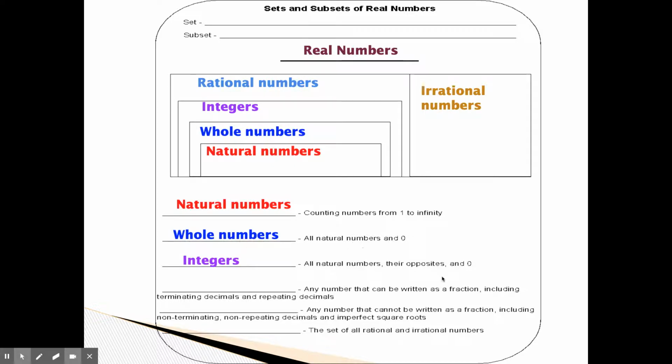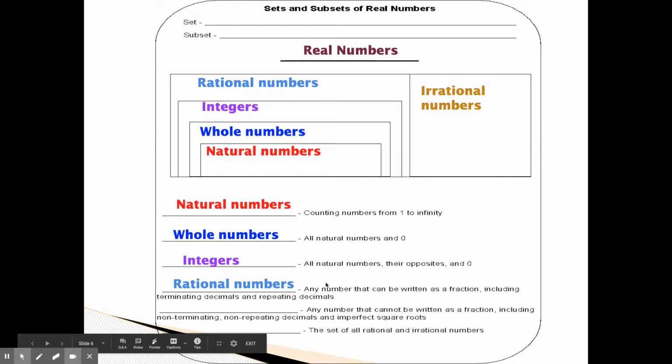So now let's talk about fractions and decimals. Any number that can be written as a fraction, including terminating decimals. That's important: terminating means it ends, it stops. And repeating decimals. So if it's a pattern, like 1, 2, 1, 2, 1, 2, or 1, 2, 3, 4, 1, 2, 3, 4, if it has a pattern, or if it repeats or it stops, it terminates, that is a rational number.